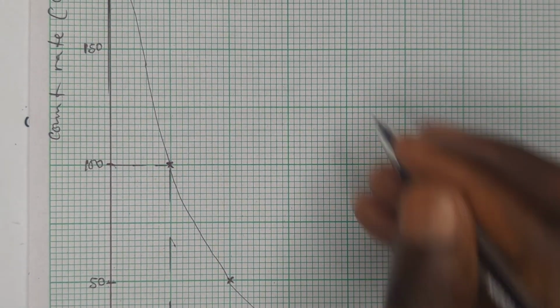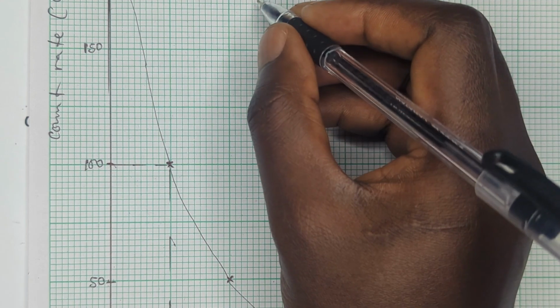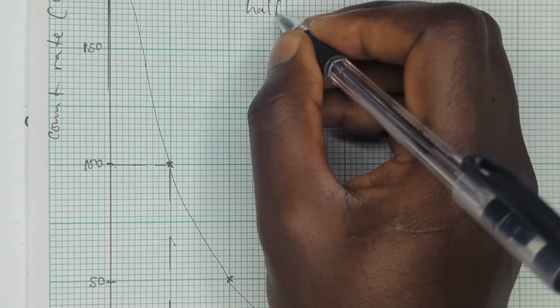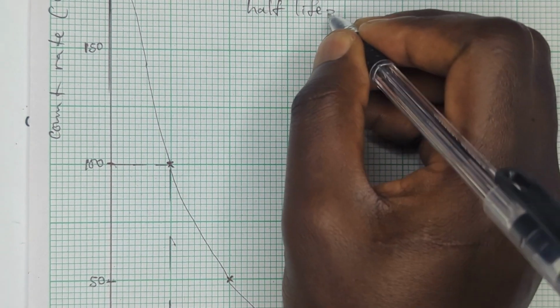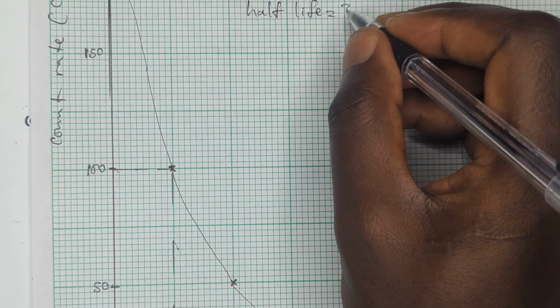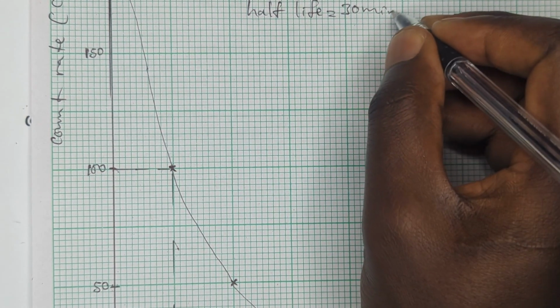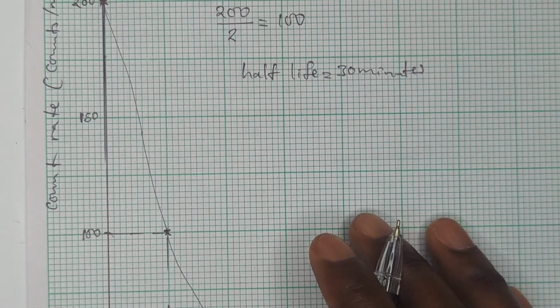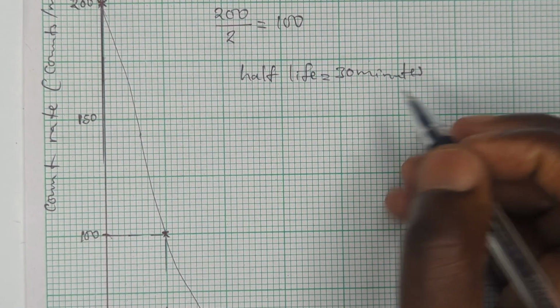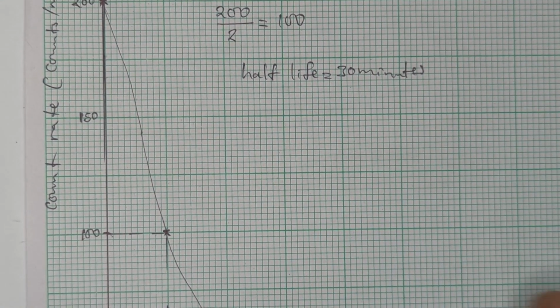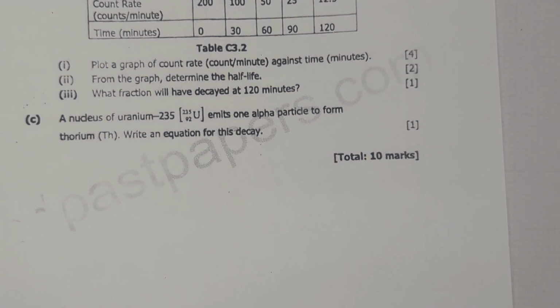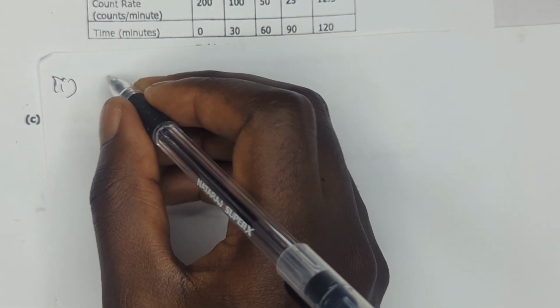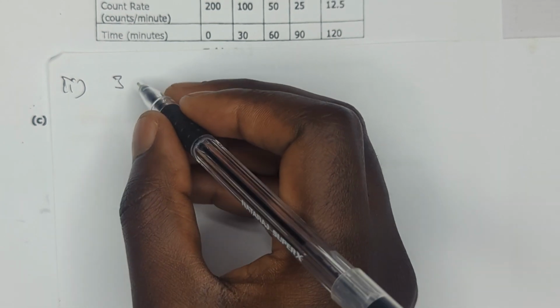So our half-life therefore is equal to 30 minutes. This is our half-life, 30 minutes. So for number 2, that is 30 minutes.